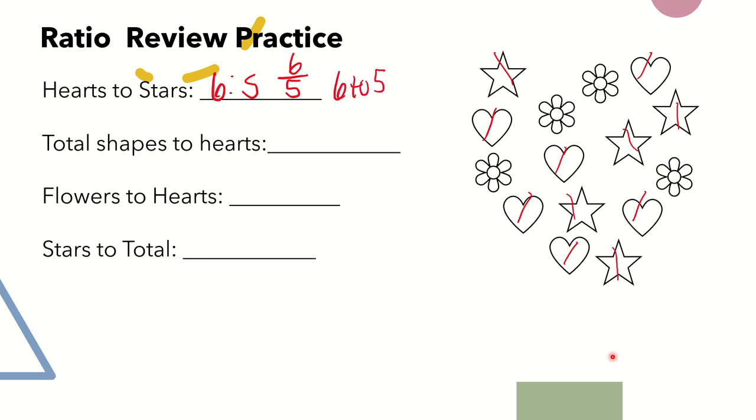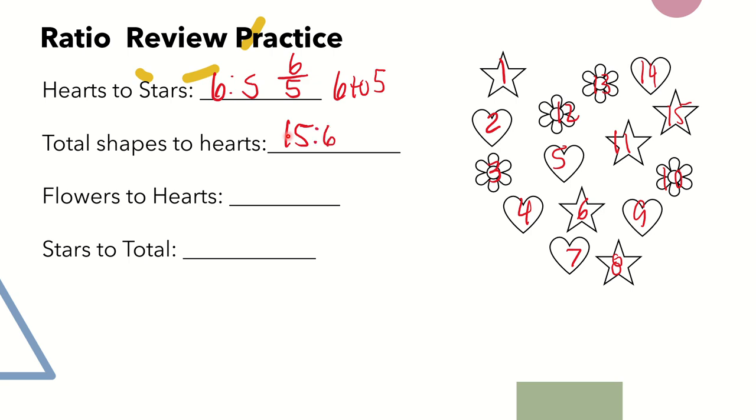So let's go ahead and look at our next one. Total shapes. So that means I'm going to include all the shapes and figure out how many. Okay, so let's figure out our total. 1, 2, 3, 4, 5, 6, 7, 8, 9, 10, 11, 12, 13, 14, 15. We have a total of 15 shapes. And we just want to specifically talk about hearts, which we should already know from our previous problem was 6.